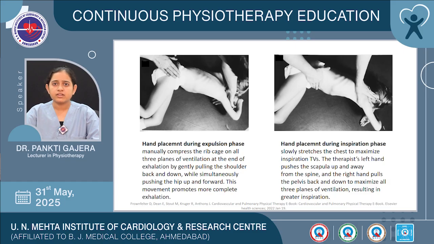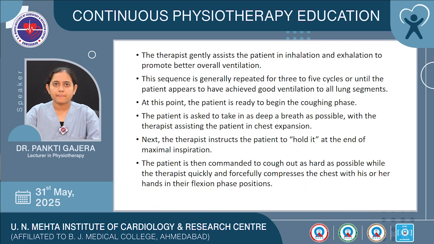In the second picture, the hand placement during the inspiration phase slowly stretches the chest to maximize inspiration tidal volumes. The therapist's left hand pushes the scapula up and away from the spine and the right hand pulls the pelvis back and down to maximize all three planes of ventilation, that is anterior, posterior, and transverse, resulting in greater inspiration.